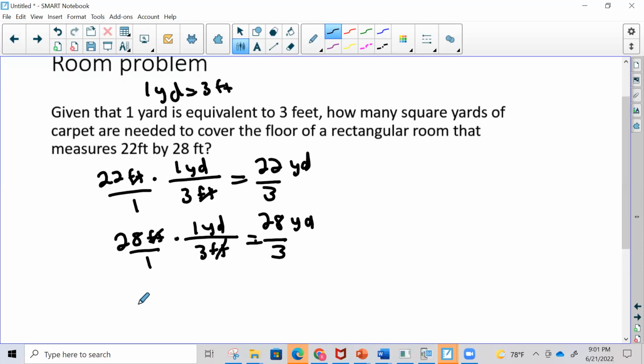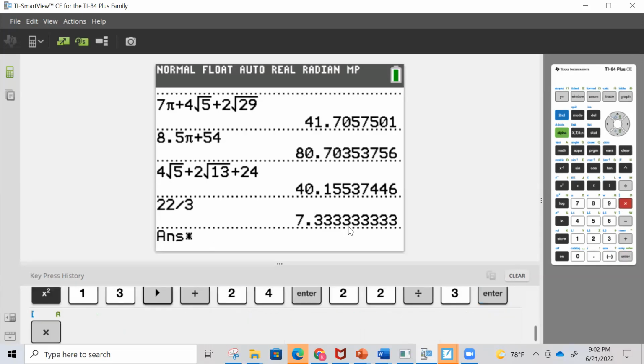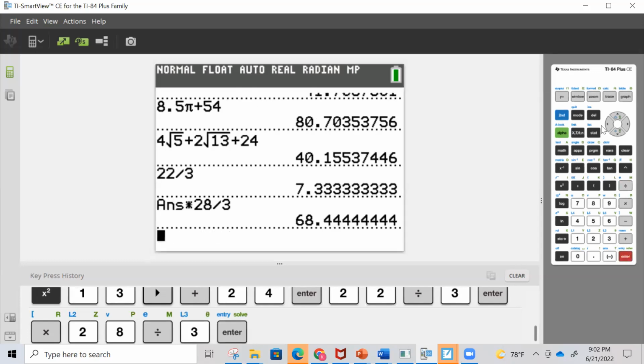And then if I wanted to find the area of the room, the area of a room is length times width. Right? And so this is the length, this is the width. So I would do 22/3 times 28/3. Okay, and yes, you can make them decimals. If you do, then just make sure that you're doing a decent amount of decimal places. So this was 22/3, and then I'd multiply that by 28/3, and I get 68.444.